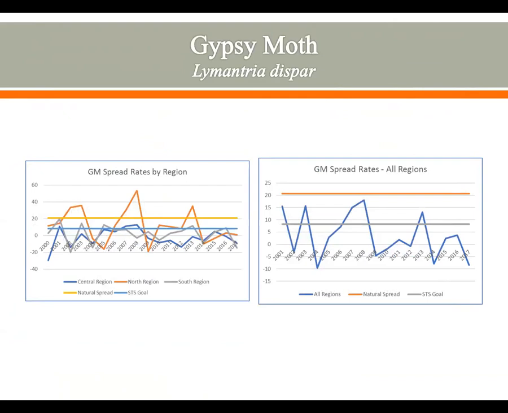So we couldn't do as much treatment as we normally did during that time period. The population did spike upward and spread spiked upward. That forced us to make some changes in our treatments. Here in Ohio, we started looking more at core infestations and treating them with Btk, and doing the majority of our other low population areas with mating disruption.